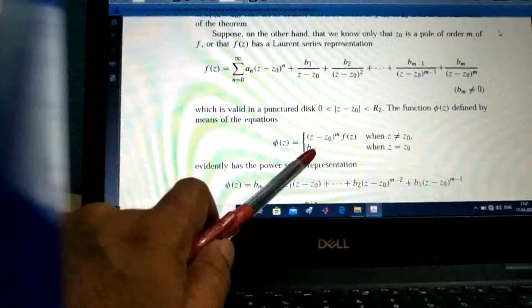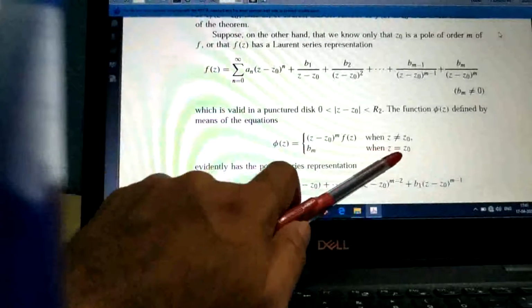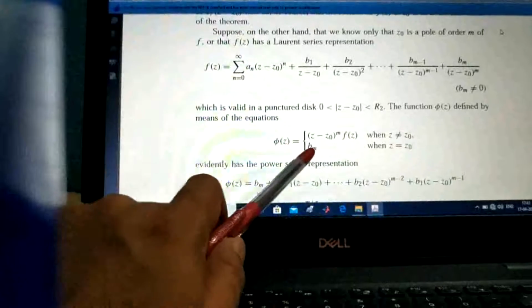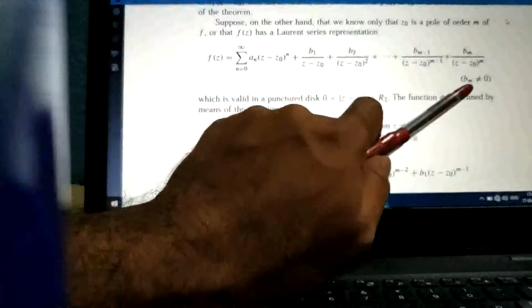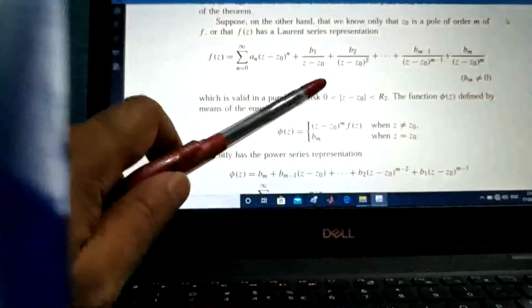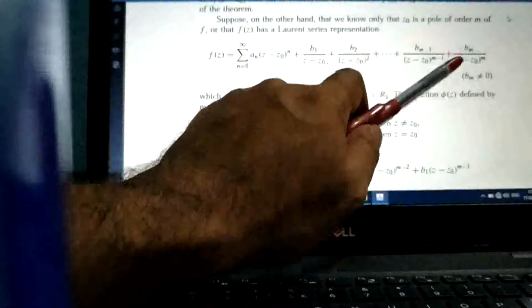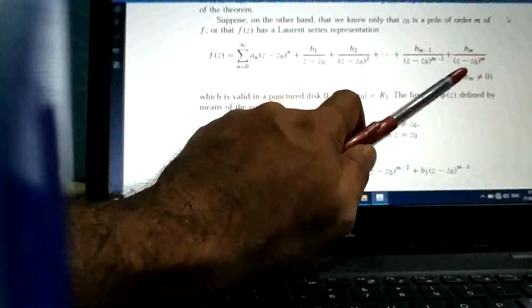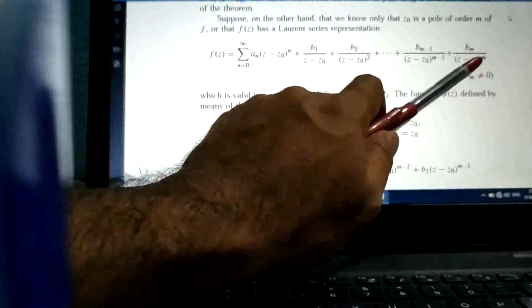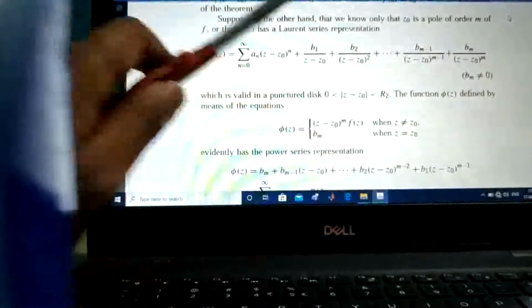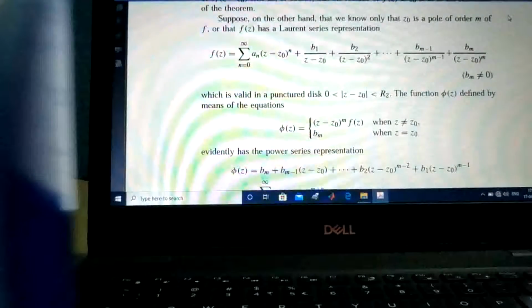So see here, when z equals to z naught, phi of z naught equals to bm, which is already assumed as non-zero. Why assumed? Because z naught is a pole of order m, of which the coefficient must be non-zero.